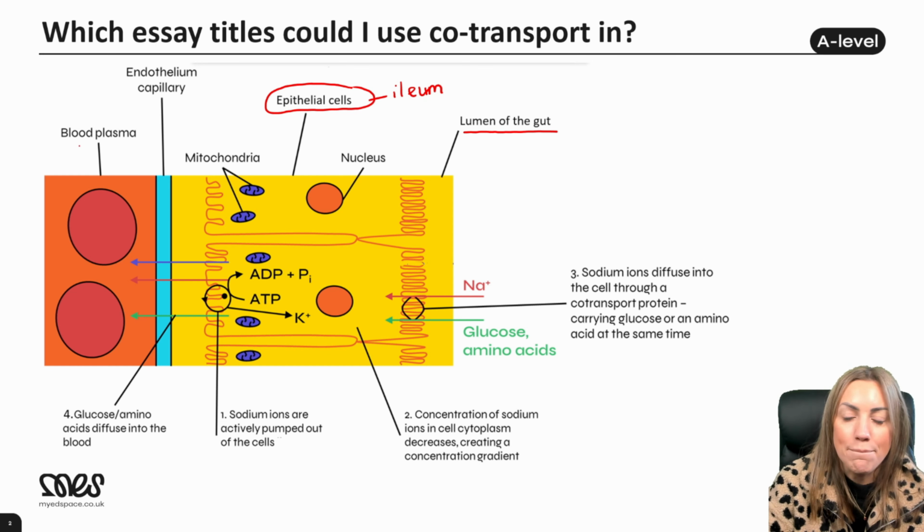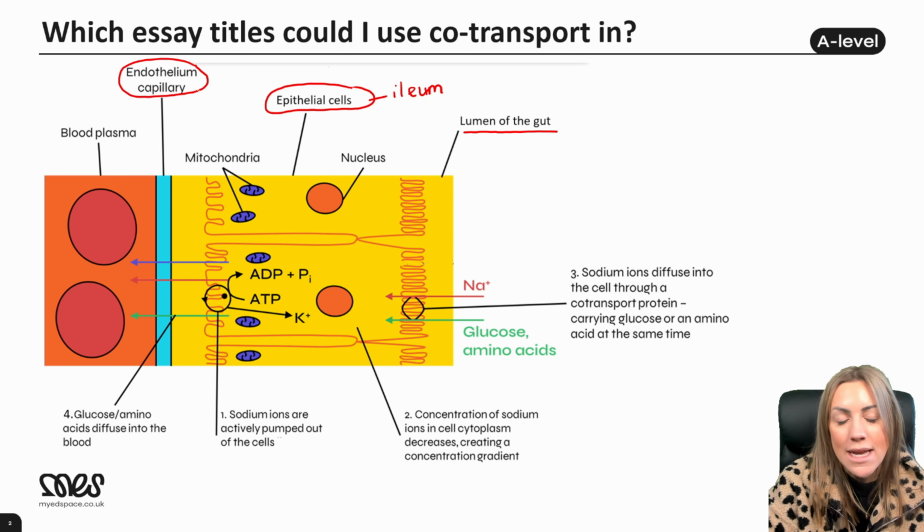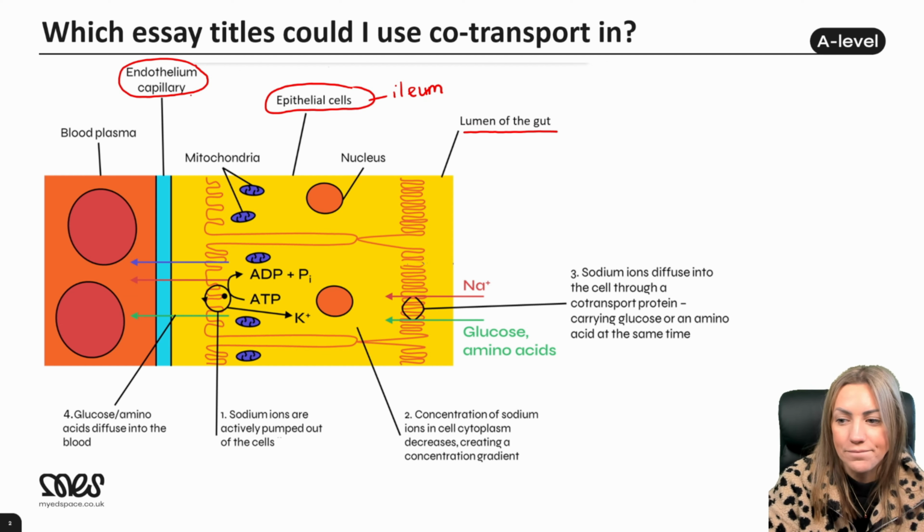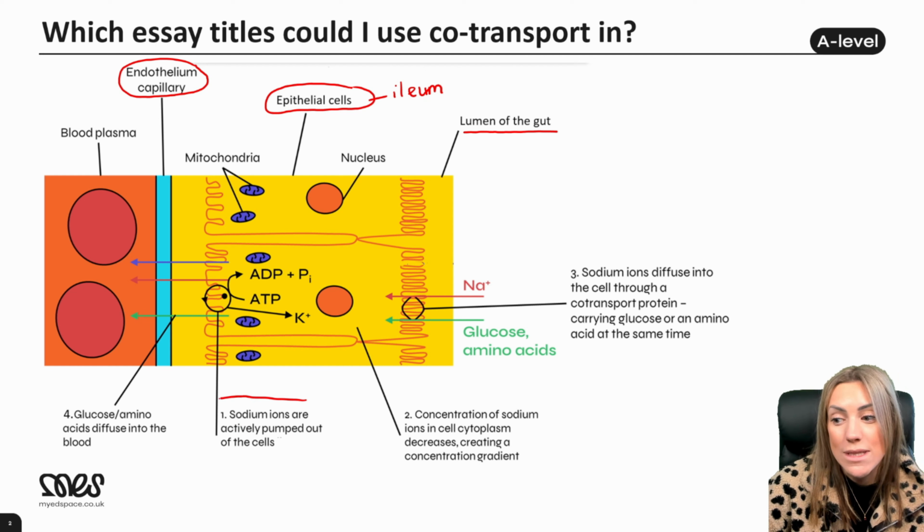This would be the blood in a capillary, so this would be the wall of the capillary. And remember, that's a single layer of cells called the endothelium, which substances are easily able to pass through because it's so thin. In terms of the mechanism itself, sodium ions are actively transported out of these epithelial cells, and we can see that happening here.